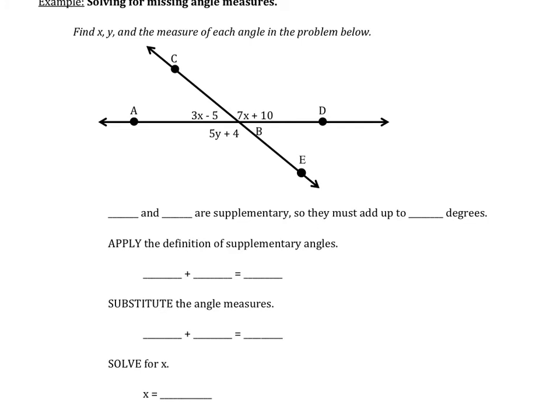First thing I'm going to note is that angle ABC, this angle right here, and angle CBD are supplementary angles. So we know that when we add them together, we get 180 degrees.